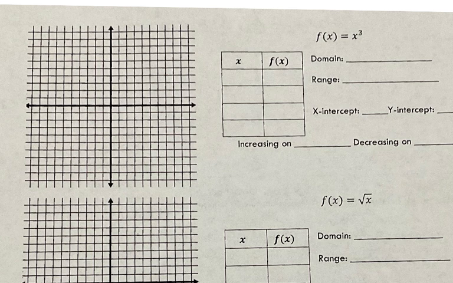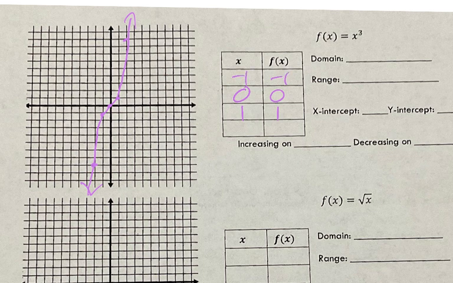Here we go. X cubed graph. Is this a squiggle? Snake. Gary the snake. What are 5 key points? 0, 0. 1, 1.